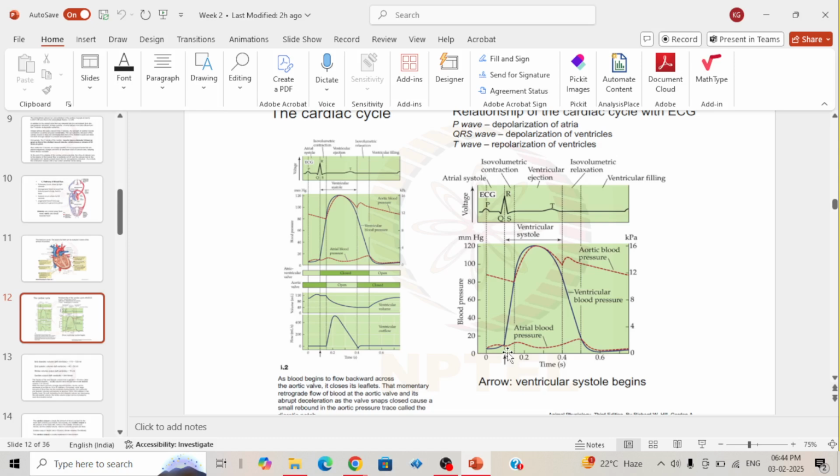As blood is coming from the lungs, there is no pressure point in between, or no contraction or relaxation in between when the blood is traveling from lungs to the left atrium. So the pressure inside the atrium is very low, as you can see. The mark is below.